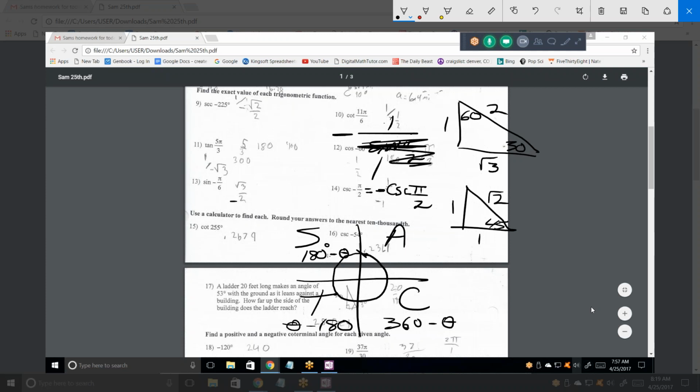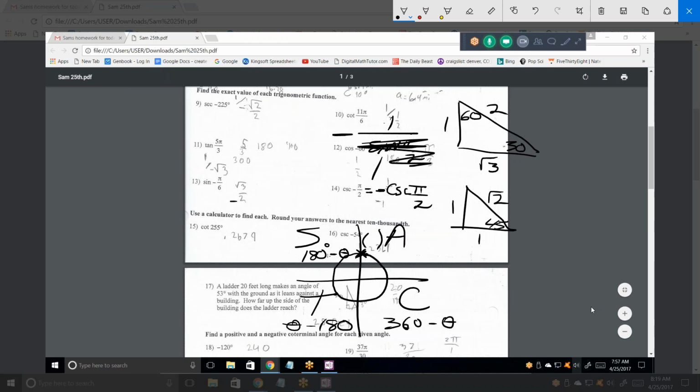90 degrees is that point right there, correct? Where I put the x? That's the 90-degree angle? Yeah. What are the xy coordinates of that point? Would it be 1, 0?